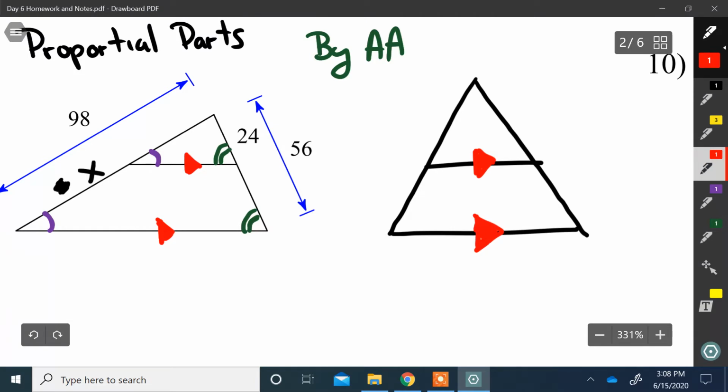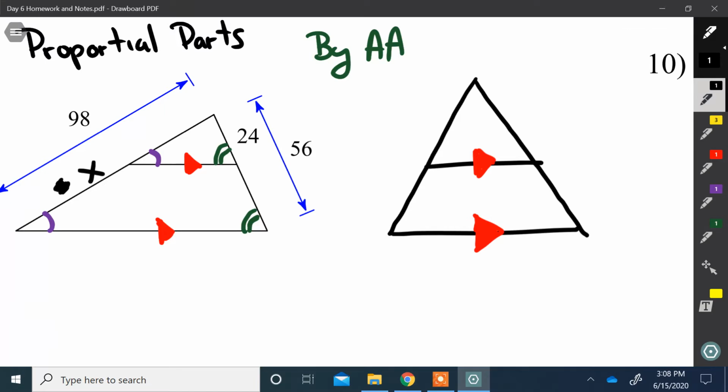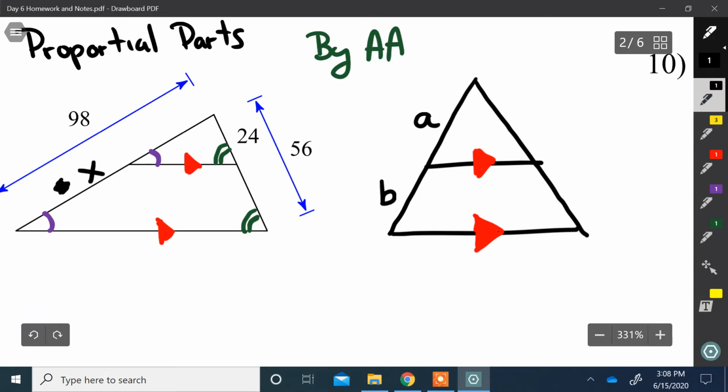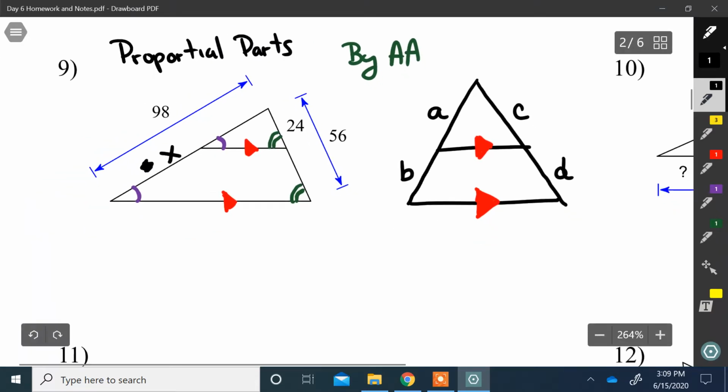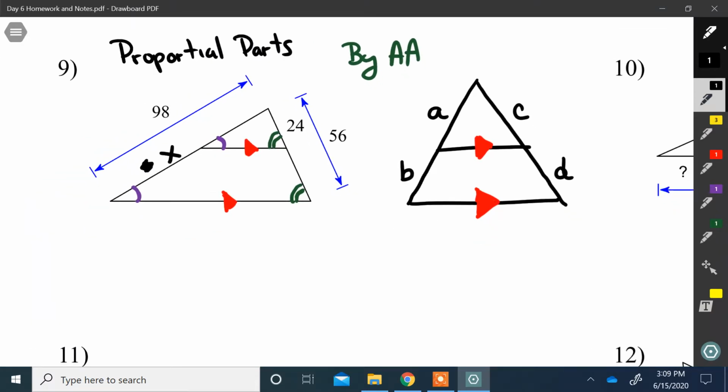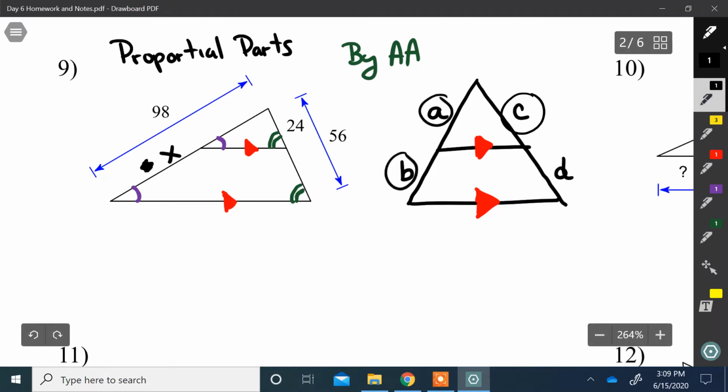When you have parallel lines like that, this part right here, if this is A and this is B and this is C and this is D, and here is your formula, then because of the parallel lines, this right here is proportional to that right there. What does that mean?